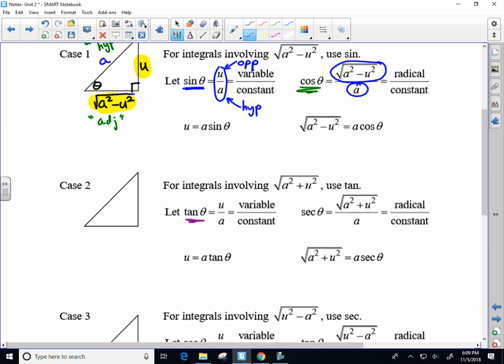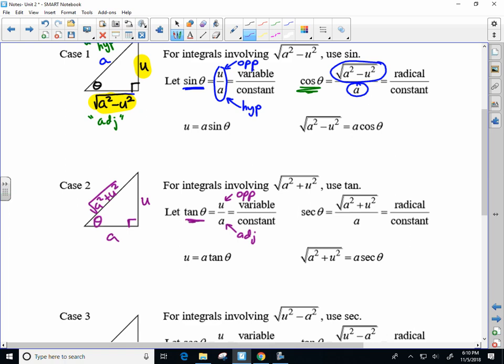If this is my theta, this would be my opposite side, and this would be my adjacent side. Tangent is opposite over adjacent by definition. So opposite, adjacent, and the hypotenuse is the square root of a squared plus u squared, or u squared plus a squared, it doesn't matter.